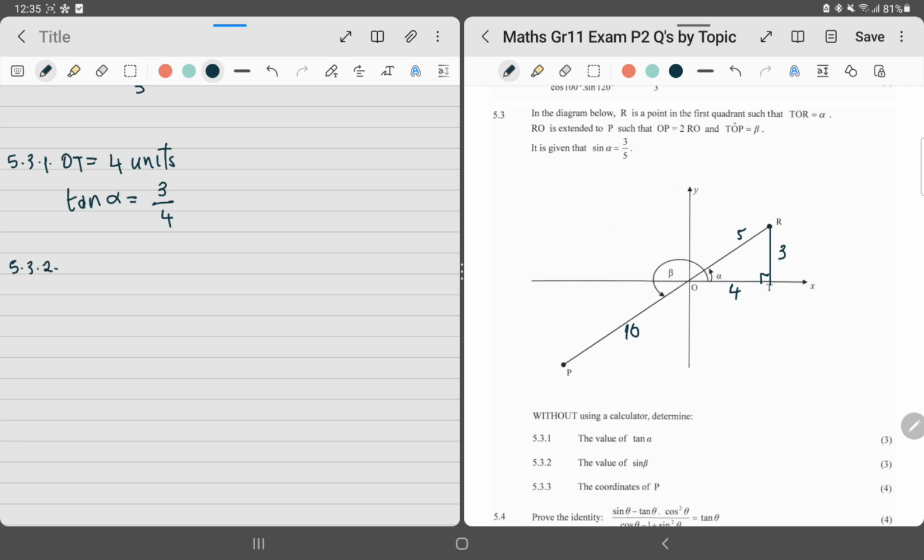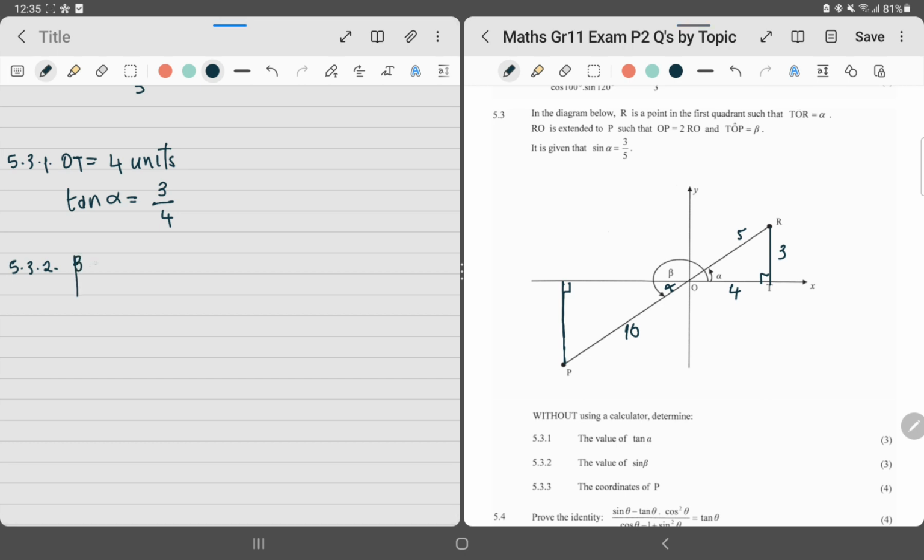5.3.2. The value of sine beta. This angle, that alpha right there, should be equal to this angle because they are vertically opposite angles. So it means I'll have an alpha there. Okay.